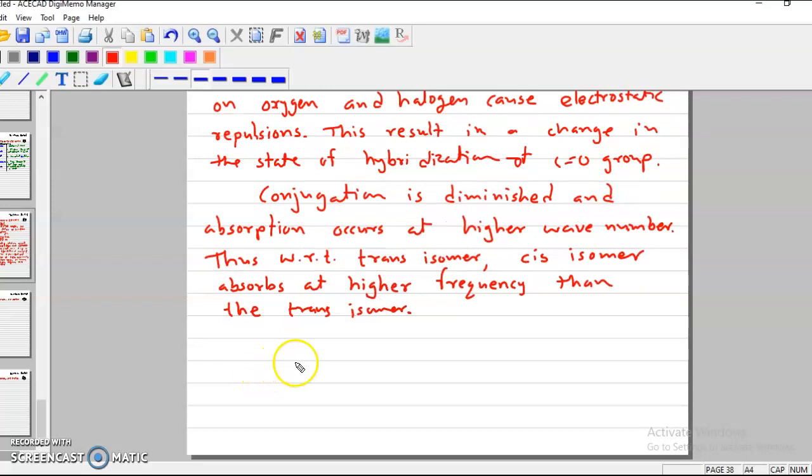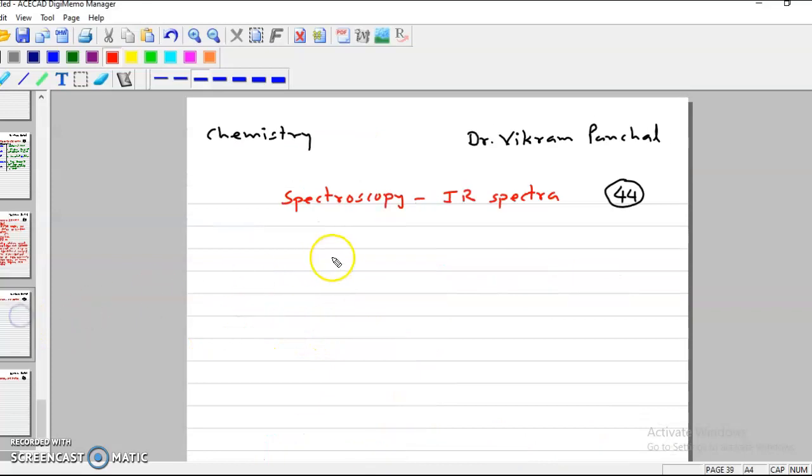For example, we can take orthonitrophenol. This is orthonitrophenol, in which you will find interaction between hydrogen and oxygen as well as nitrogen and hydrogen.